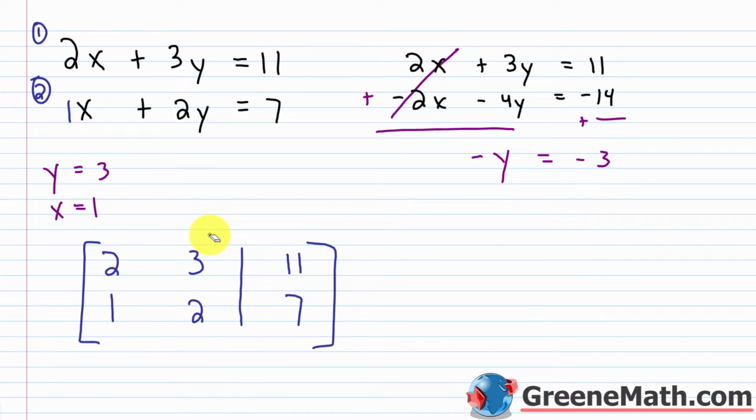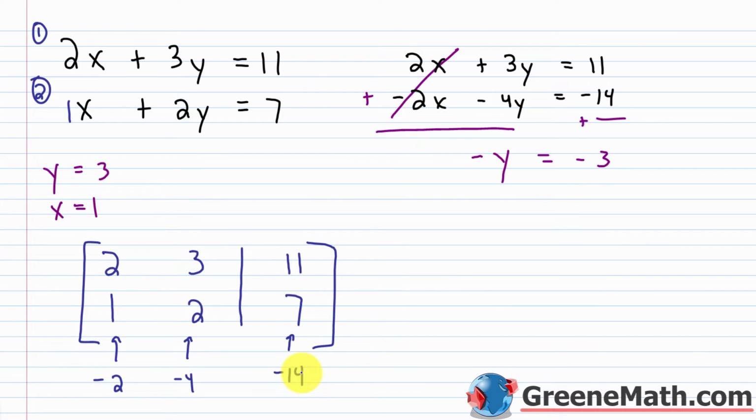I can use the elementary row operations. I can say if I multiplied row 2 here by negative 2, which is exactly what I did here. Remember, I had the second equation, I multiplied it by negative 2, and I produced negative 2x minus 4y equals negative 14. So if I multiplied row 2 by negative 2, 1 times negative 2 is negative 2. 2 times negative 2 is negative 4. 7 times negative 2 is negative 14.